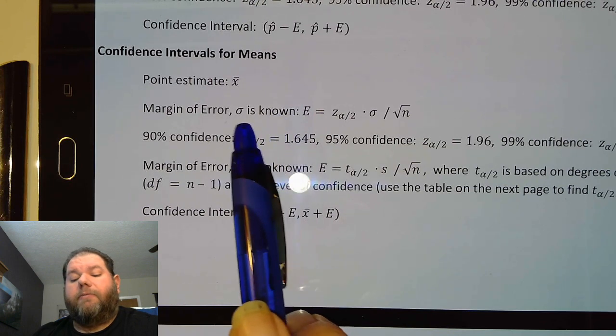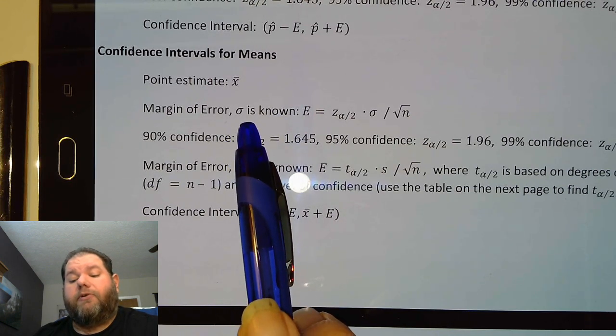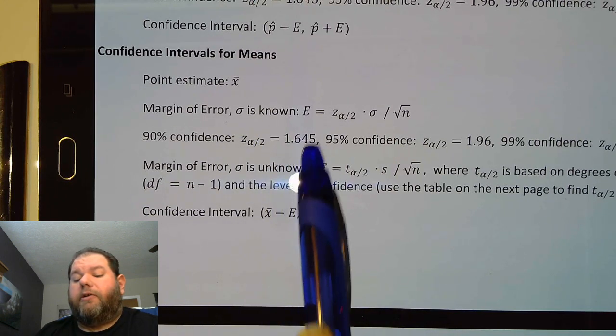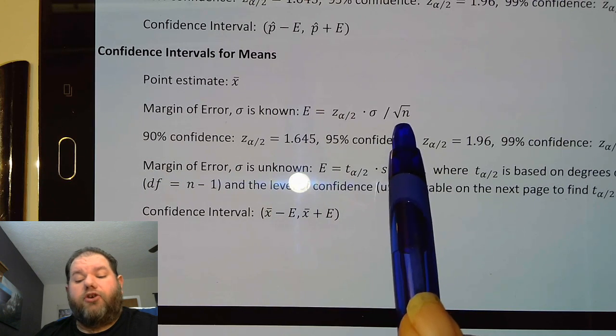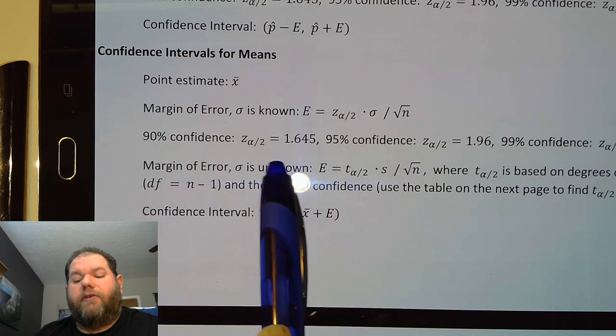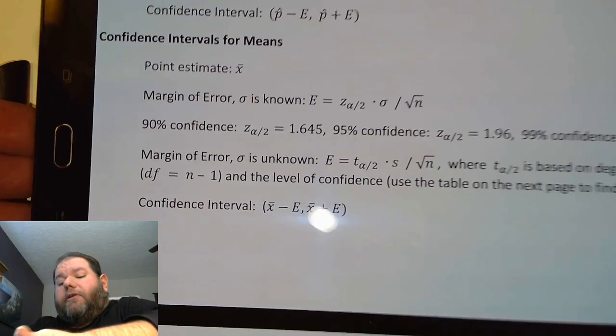So in this case, sigma is known because that's the population standard deviation, and that's what's been given to us. We'll use this first one. So we use this formula for the margin of error, and this would be our Z alpha over 2 for 90% confidence. So let me write that down now.